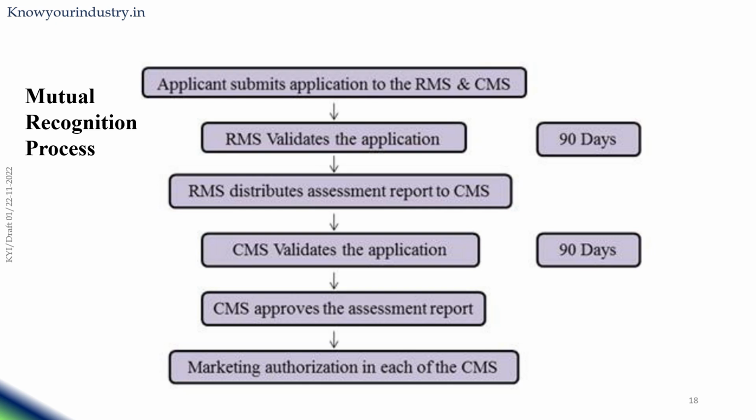It again takes 90 days. Then the concerned member states approve the assessment report. And finally, the marketing authorization in each of the CMS is granted. This is all about the mutual recognition procedure.